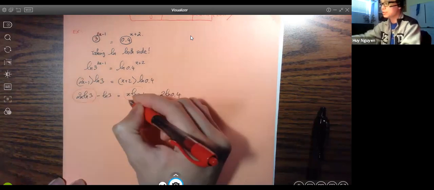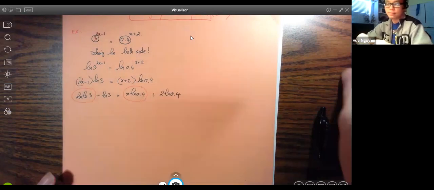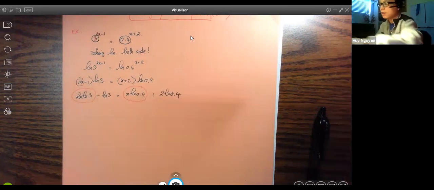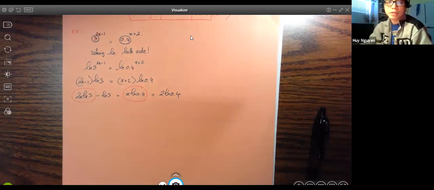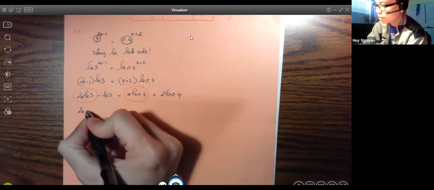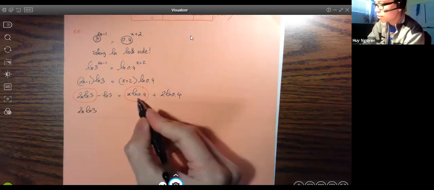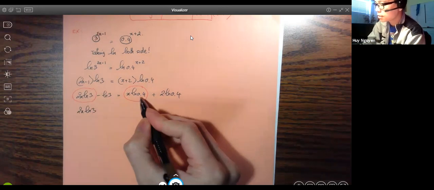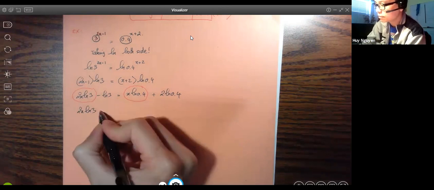Because we need to solve for x, it means that all the terms with x we need to move to one side. So I'm going to move the term with x on the right hand side to the left hand side.